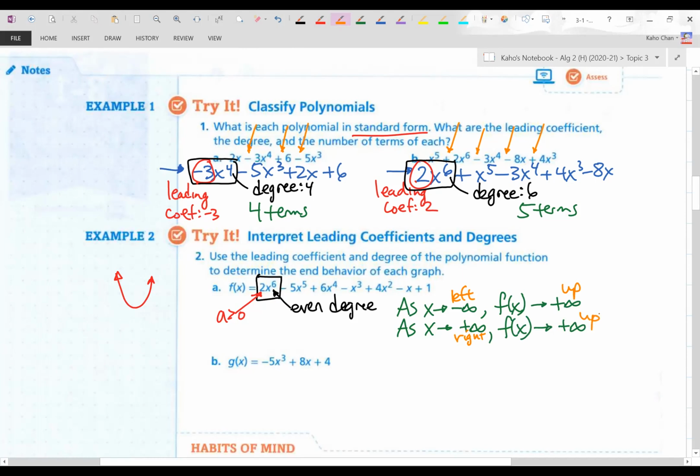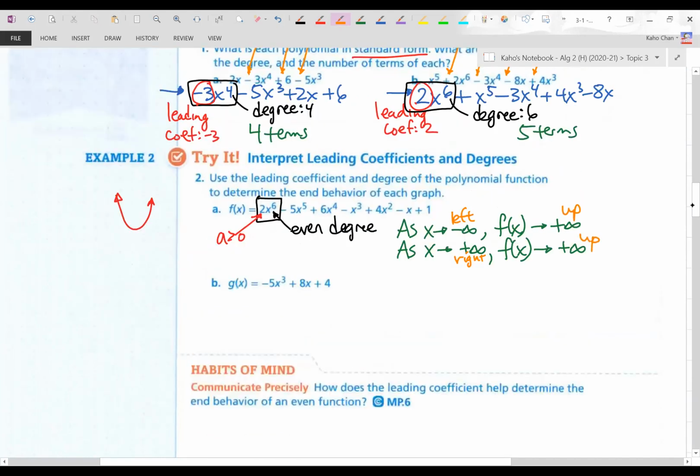Pretty easy. Next one. The next polynomial, g of x function, is in standard form. Nice. Look at the leading term there. The leading coefficient is, oh, this time it's negative. Oh no. Dun, dun, dun, dun. This time though, it's an odd function.